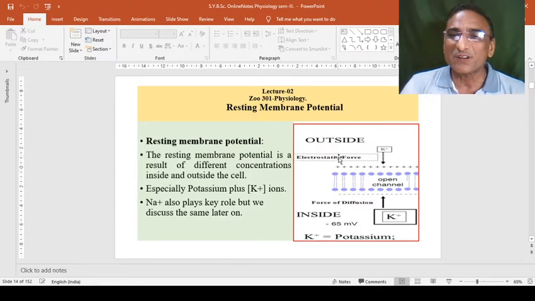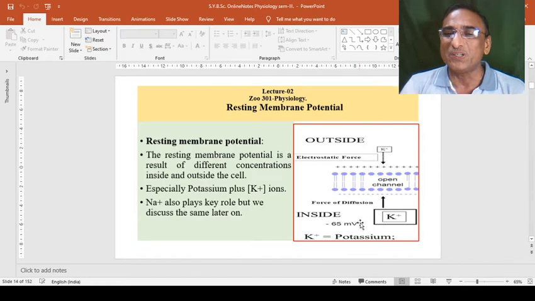Now the electrostatic force outside and inside can be calculated in millivolts, and generally inside it is minus 65 millivolts. There is also the force of diffusion, which facilitates the movement of ions from low to high concentration or the reverse.